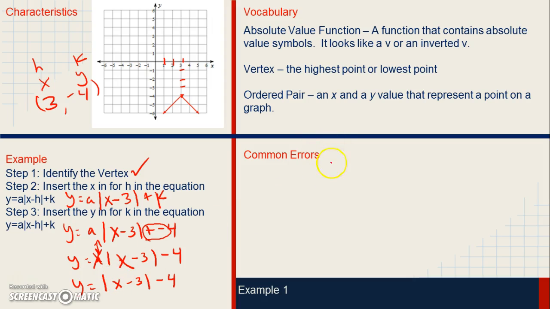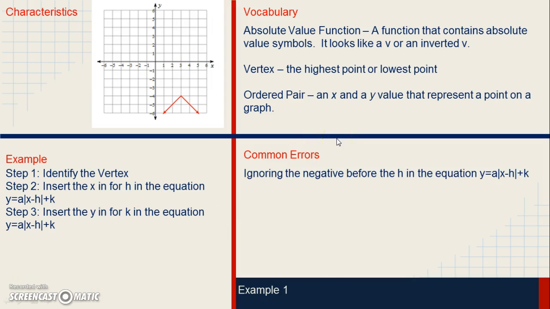Now some common errors that you'll see. Ignoring the negative before the h in the equation y equals a times the absolute value of x minus h plus k. So I know my vertex here is going to be 3, -4. So some people will just go ahead and say, oh, that means it's y equals the absolute value of x plus 3 minus 4. I got a plus 3 and a minus 4.